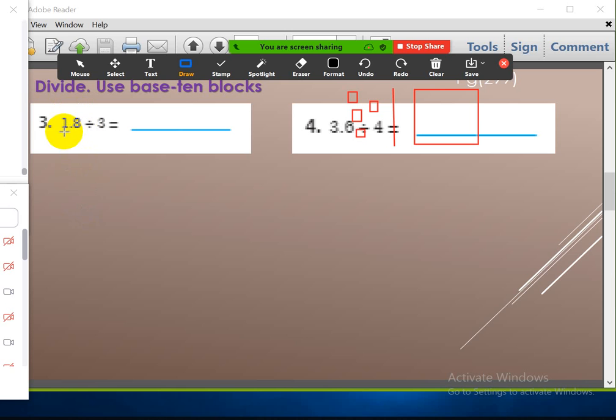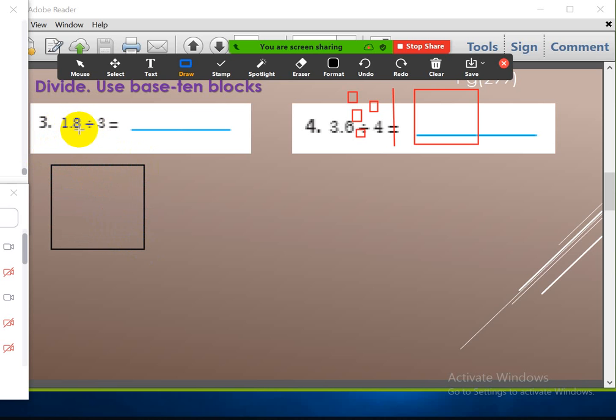That means I have 1 in the ones, that means 1 flat. Okay? You have to remember from the first lesson in the decimals.